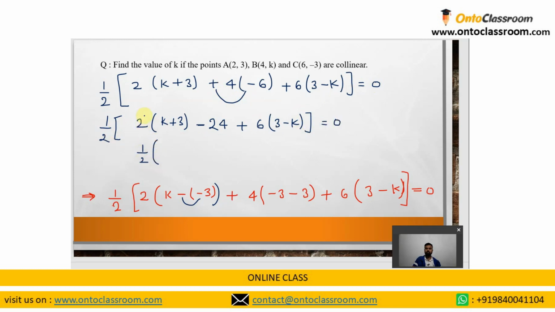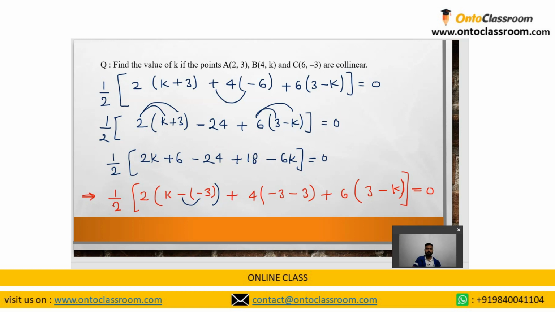One by 2. Now we multiply 2 with k and 3, so we get 2k plus 6 minus 24, then 6 times 3 is 18, and 6 times minus k is minus 6k.